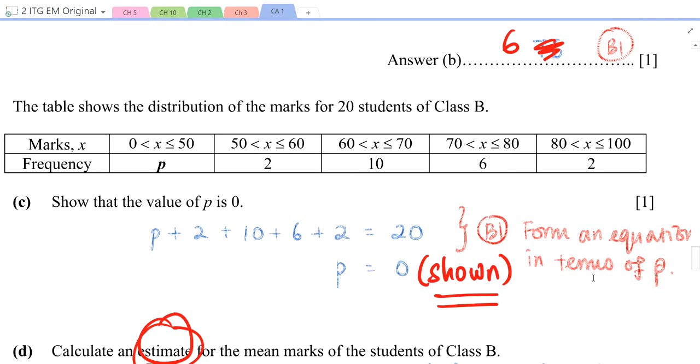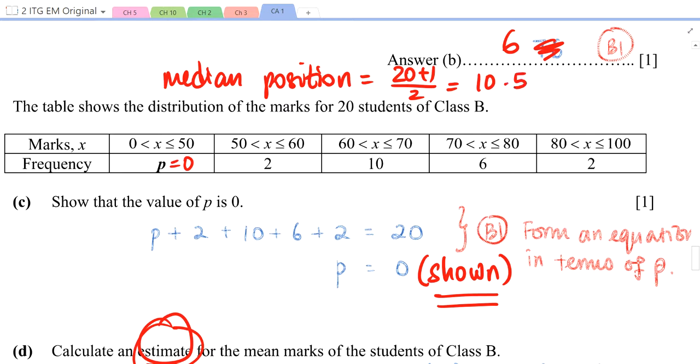Looking at this, P equals 0. Where is my median? Where is my center position? Position first. Where is my center position? Median position equals 20 plus 1 divided by 2, 10.5.